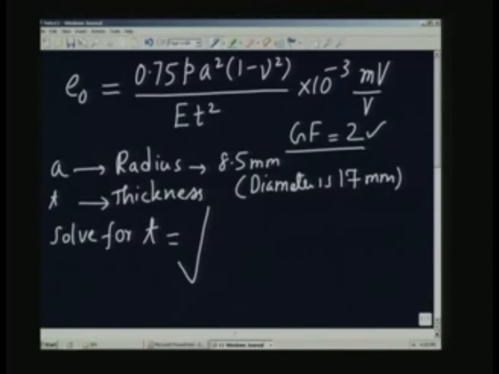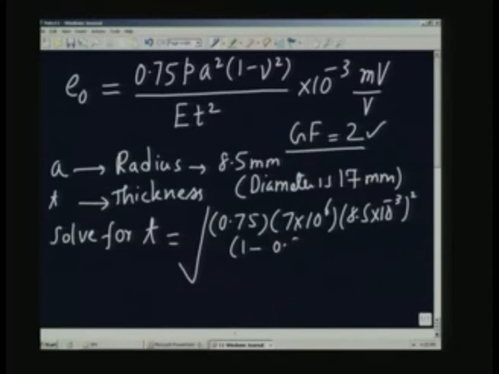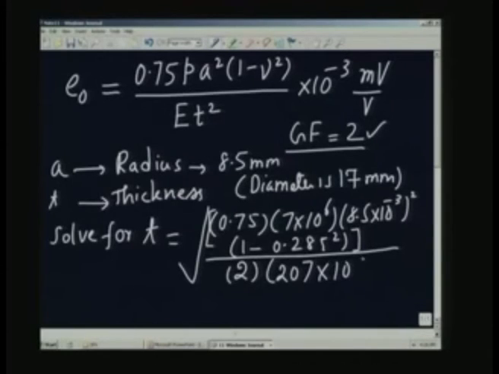to get, this will be square root of 0.75, P is 7 megapascal, which is 7 into 10 to the power of 6 pascals, A squared is 8.5 into 10 to the power of minus 3 whole squared, into 1 minus 0.285 squared, this is the Poisson ratio, this whole thing divided by E naught, which is given as 2 millivolts per volt, multiplied by 207 gigapascals, which is 10 to the power of 9.